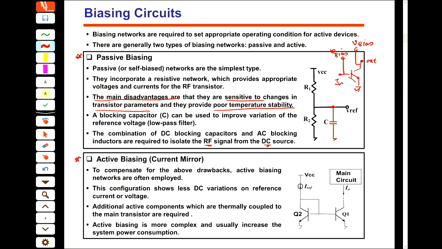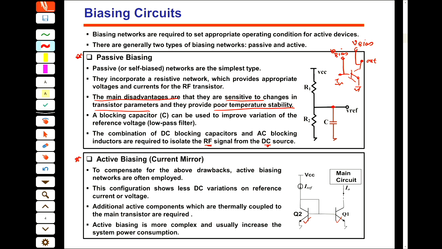And also they are thermally coupled, because the characteristics of this transistor and this transistor are the same. When the temperature changes, this one changes in the same manner as the second one.